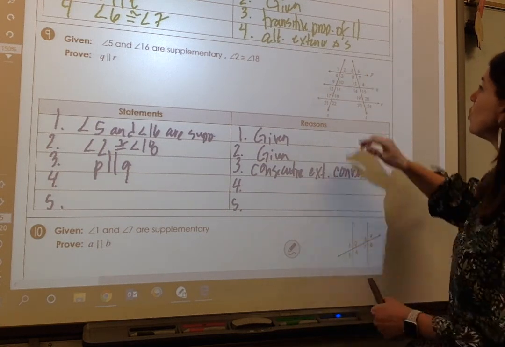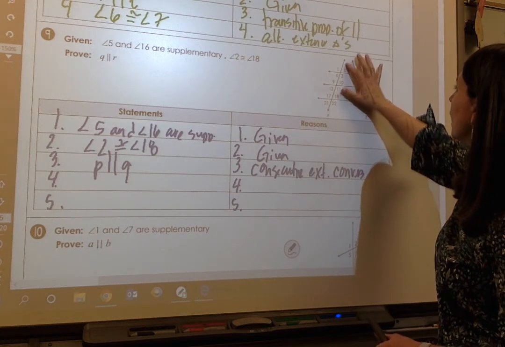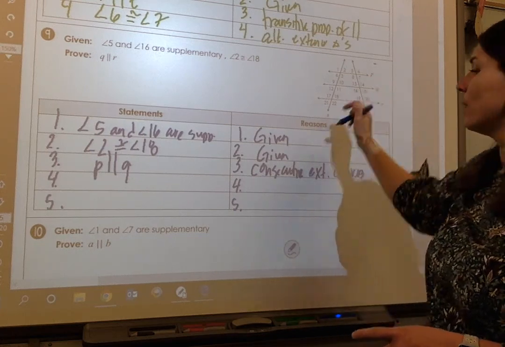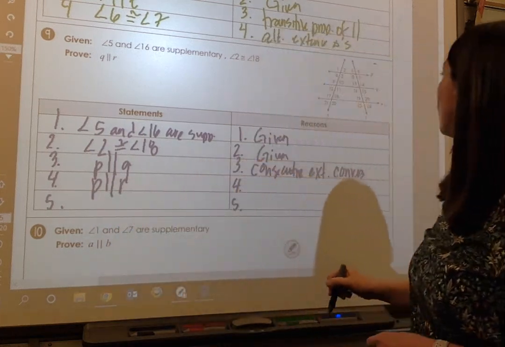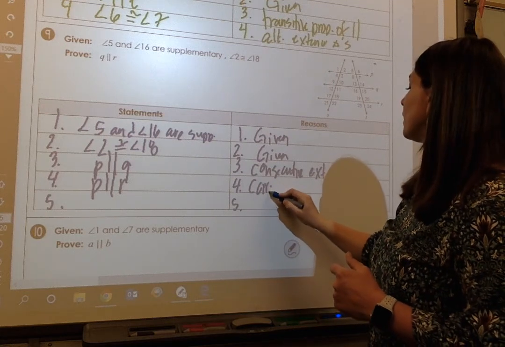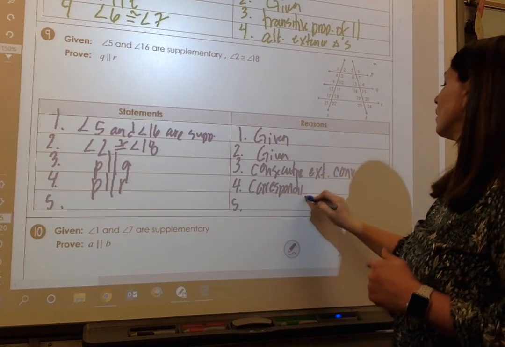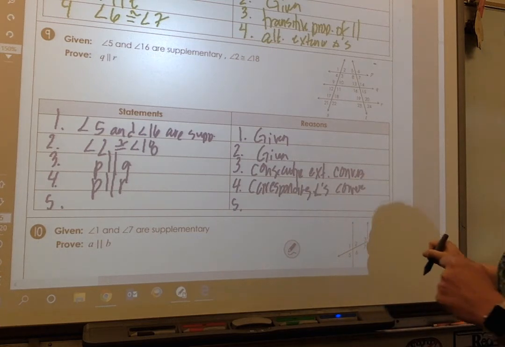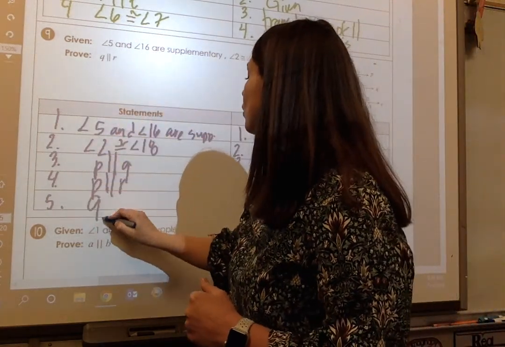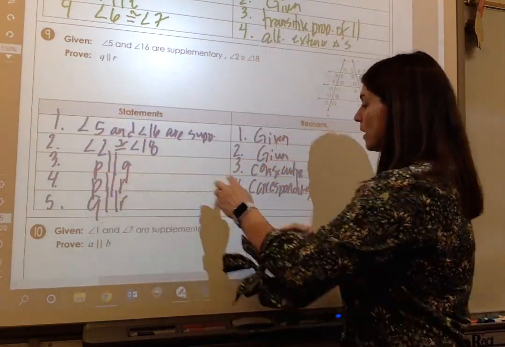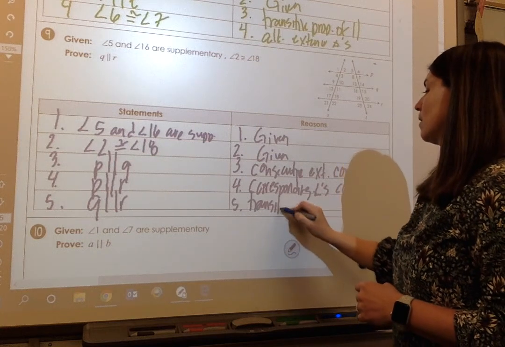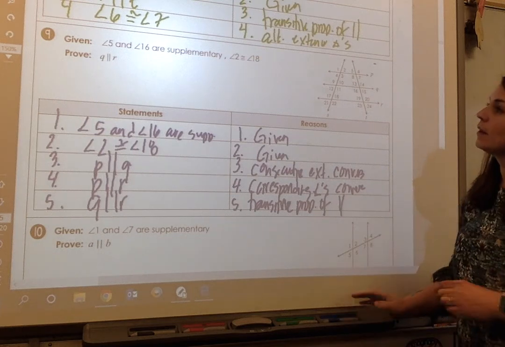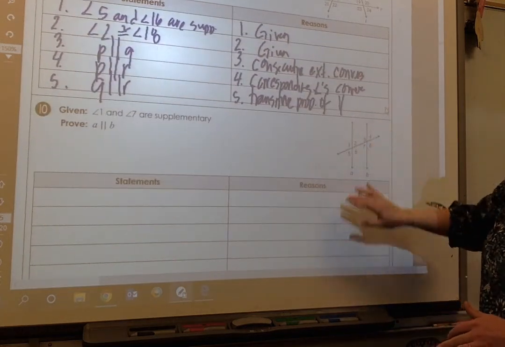I can say that 2 and 18 are corresponding angles, so I can say that P is going to be parallel to R, and that's corresponding angles converse. So now with that being said, I can now say that Q is parallel to R because of the transitive property of parallel lines. Okay, so that's a fun one. Lots of little numbers there.